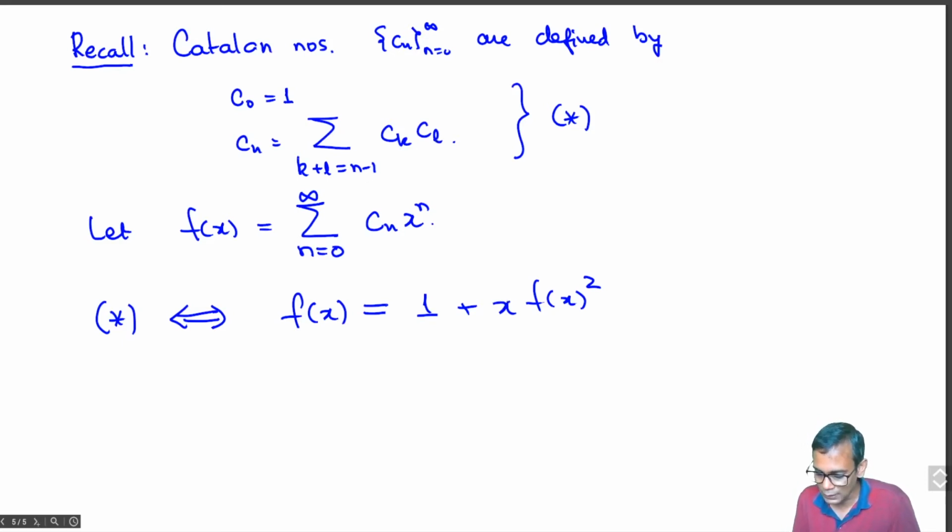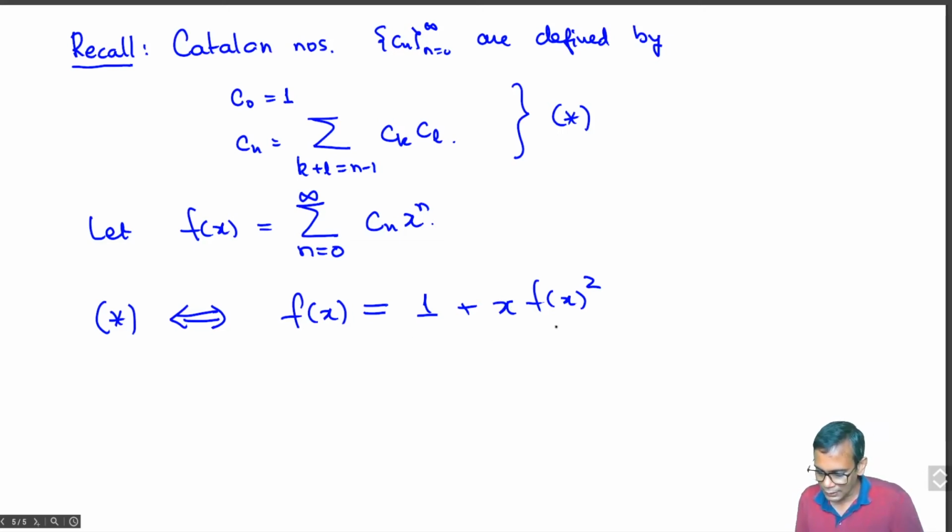This n minus 1 is coming because there's an x outside, and so that will take the power of x 1 higher than what you would have in f(x) squared. And so instead of k plus l equals n, we have k plus l equals n minus 1.